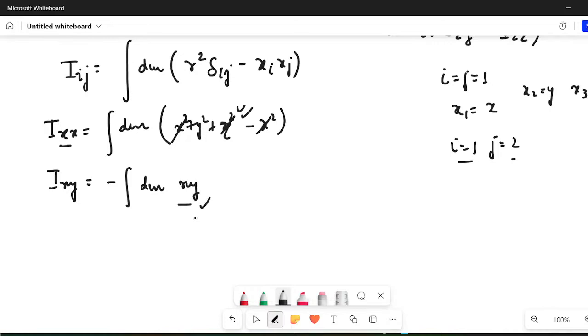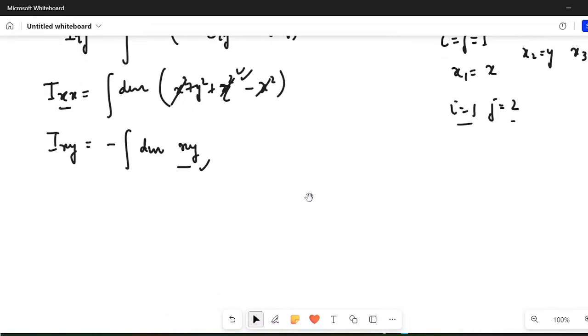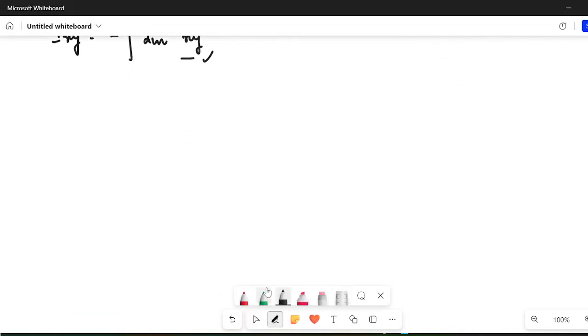Now let us take one example and try to construct an eigenvalue matrix.